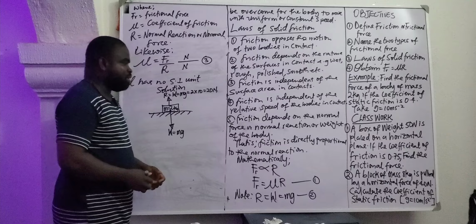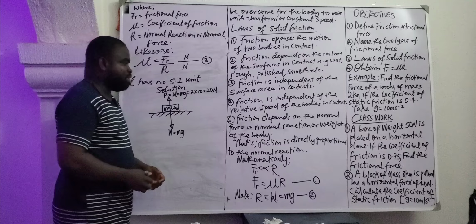So with this, we can get the calculation right for the example that is given to us. Please take note that the F subscript arrow means frictional force, while mu stands for coefficient of friction.